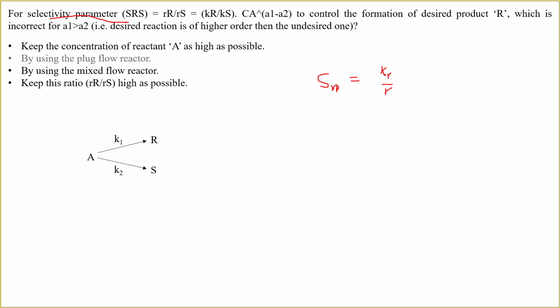So the respective orders you can see right here is given that the desired reaction order is much higher than the undesired. So keeping the concentration of reactant A as high as possible.